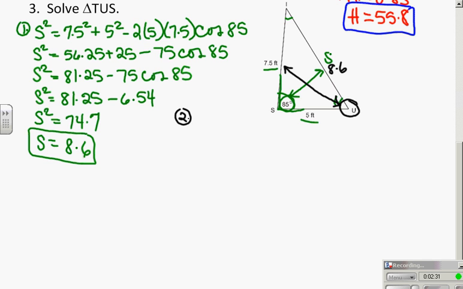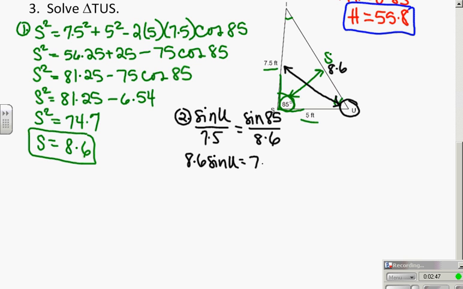So I'm going to set up that the sine of U over 7.5 is equal to the sine of 85 over 8.6. Cross multiply. 8.6 sine of U is equal to 7.5 sine of 85. Divide both sides by 8.6 to isolate your unknown value.